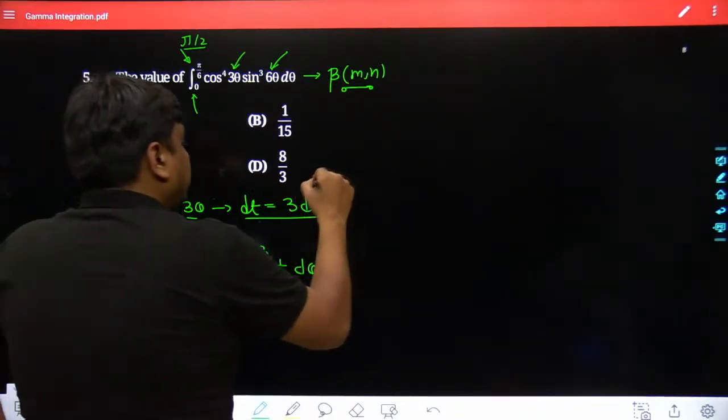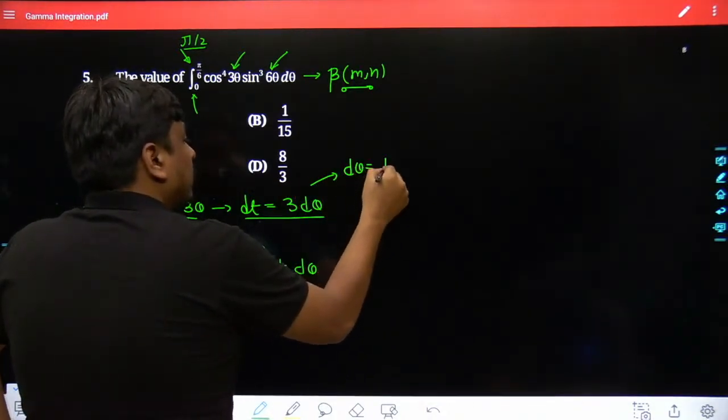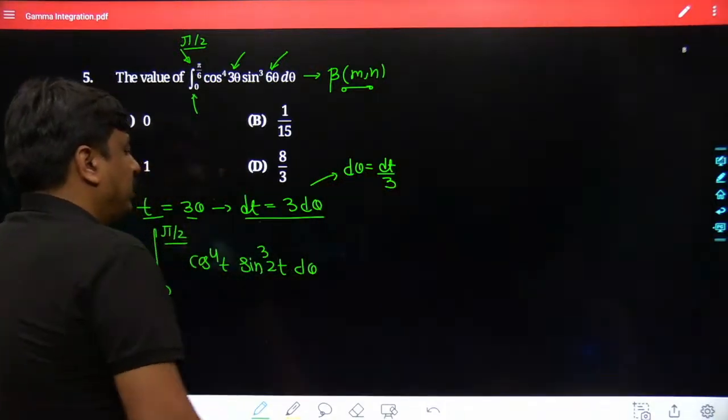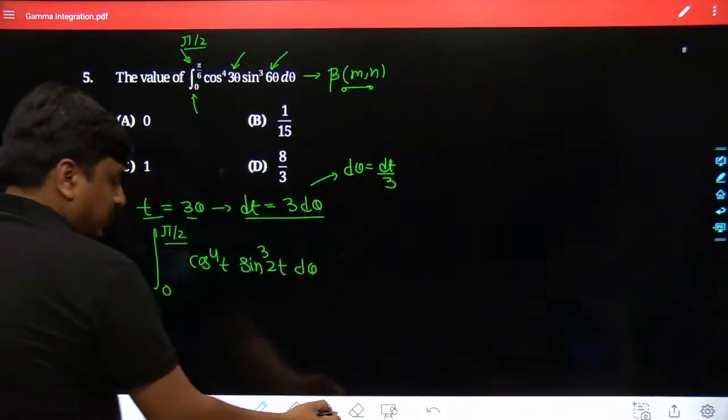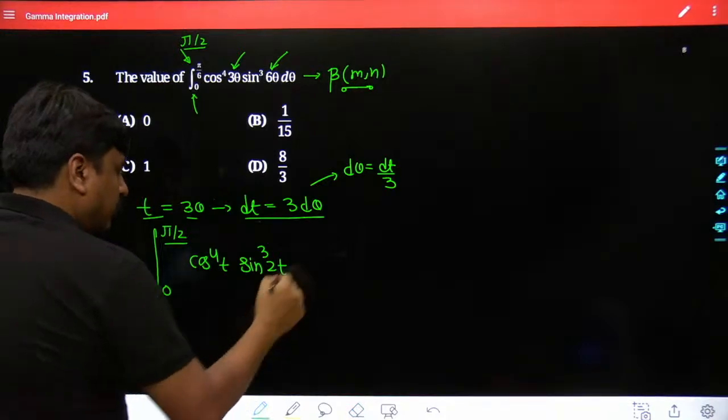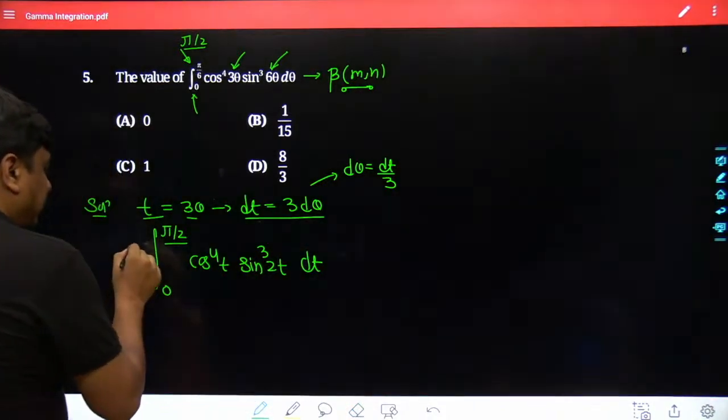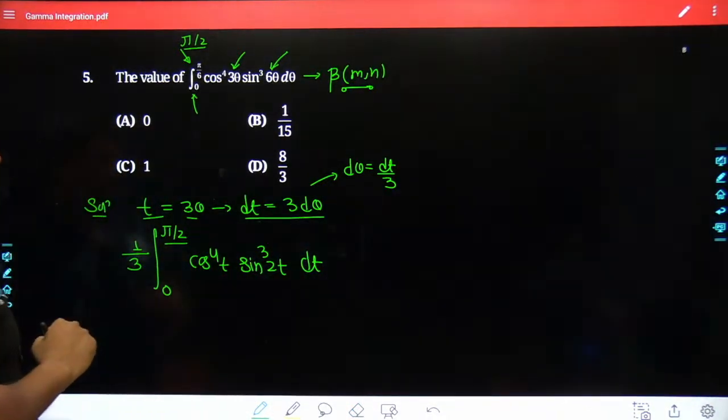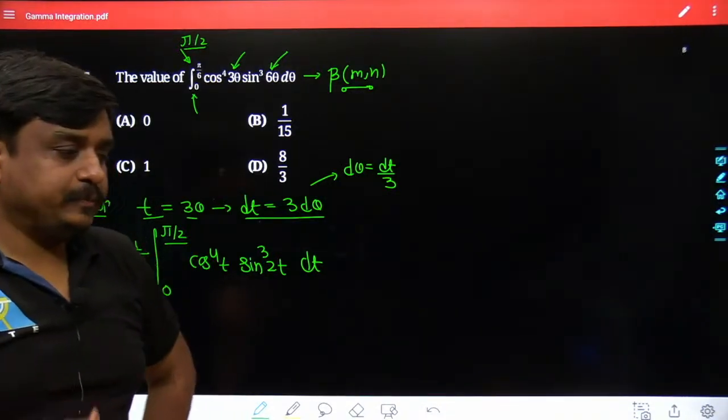So the value of d theta in terms of dt is dt divided by 3. So what we are going to do over here, let me rub this out. Here it becomes dt, and that 3 can be taken outside.